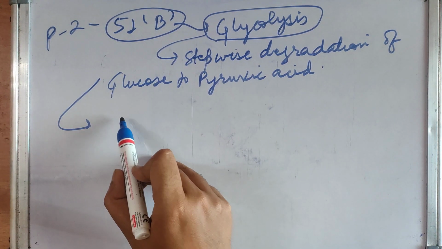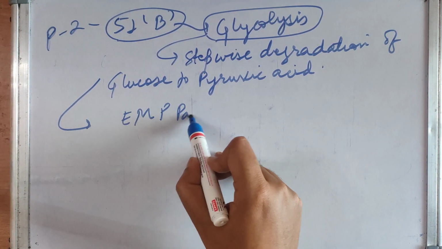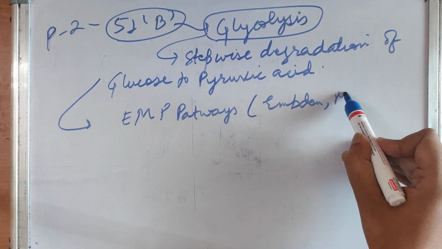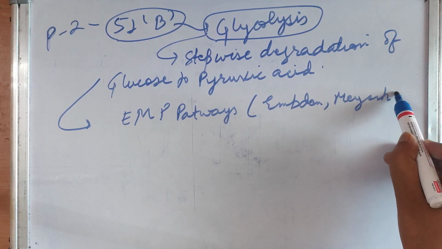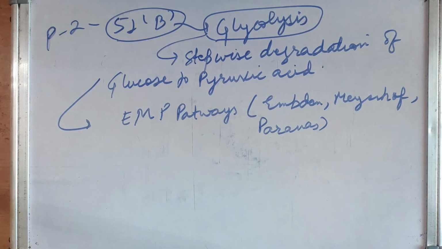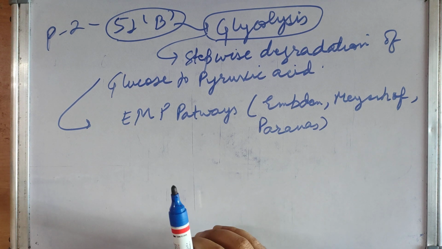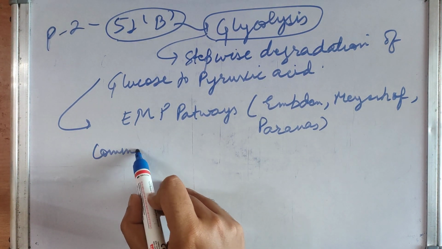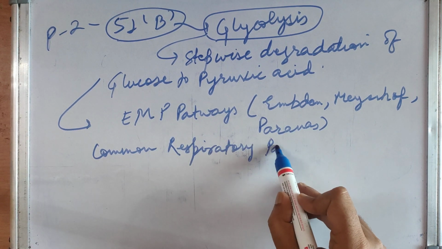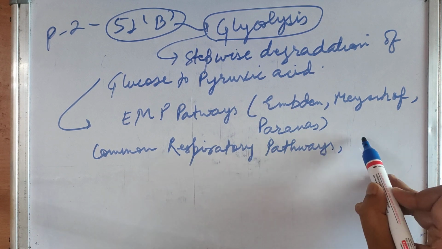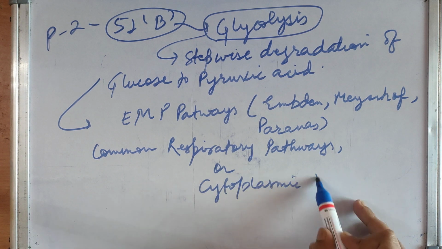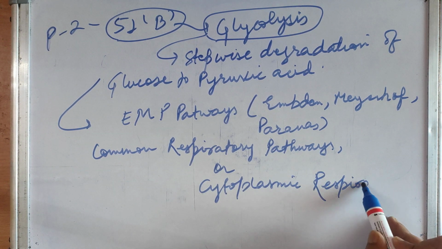It is also known as the EMP pathway, that is the Embden-Meyerhof-Parnas pathway, the common respiratory pathway, or cytoplasmic respiration.